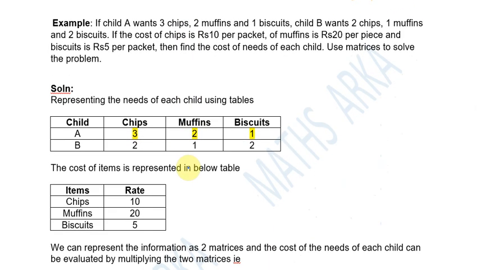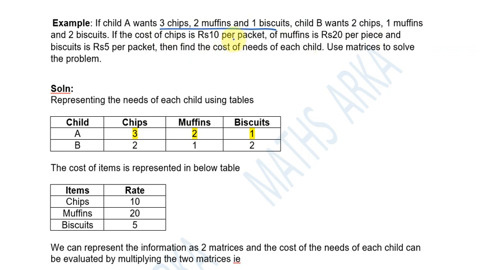Now if we move on to the next example, this is one real life example, what we see in our daily life. There are two children, and child A demands these items: 3 chips, 2 muffins, 1 biscuit. There is another child, child B, who wants 2 chips, 1 muffin and 2 biscuits.